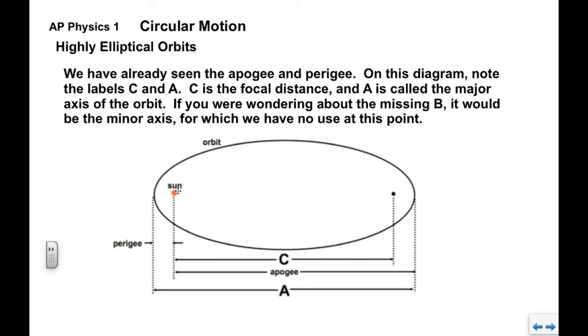The Sun is at one focal point. The other one, we know there's nothing there physically. A is called the major axis. It's the long measurement of the ellipse. The B, if we had one, would be the minor axis, which would be up here. We have no use for that quantity.